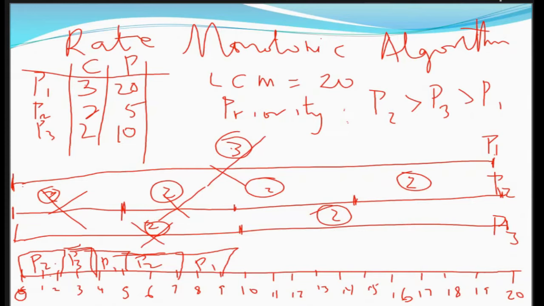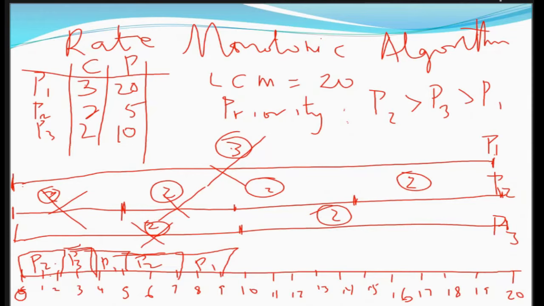From 9 to 10, P1 is not active, P2 is not active, P3 is not active. So we save resource. From 9 to 10 is free. Free zone. So we leave it.